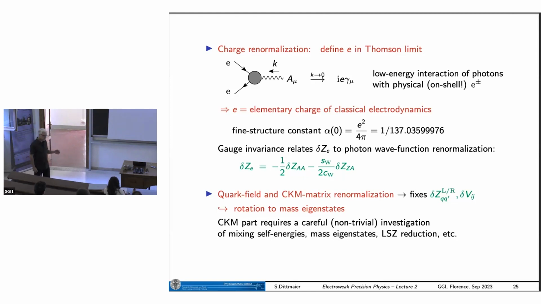You can determine the electromagnetic coupling to a very high precision there. It is wise to introduce the electromagnetic charge, meaning that coupling, in such a way that we have direct contact to low energy physics. And this is what the so-called Thomson limit is doing for us.